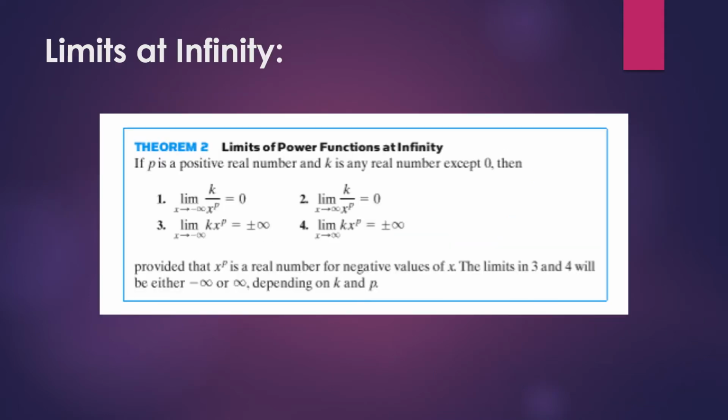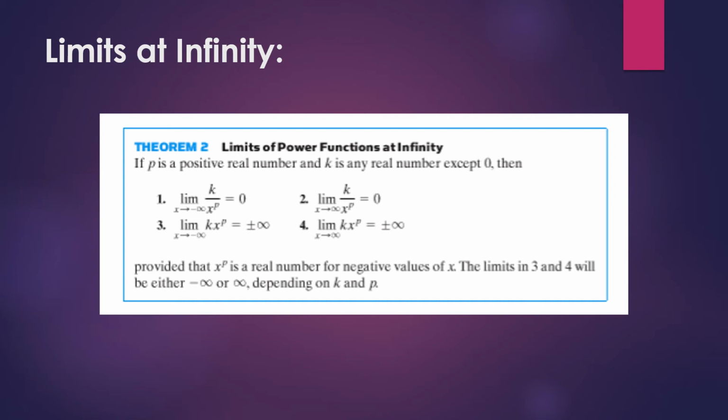Let's take a look at limits at infinity. So this is when x is going to be approaching infinity or negative infinity. So it says that if p is a positive real number and k is any real number except for 0, then the limit as x approaches negative infinity of k divided by x to the p is 0.